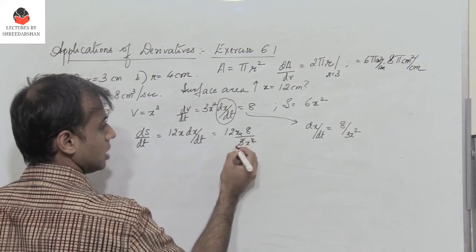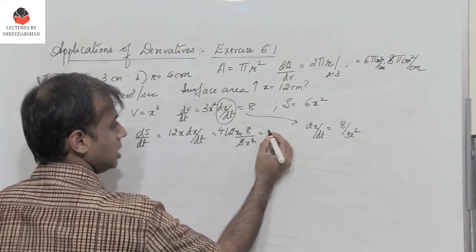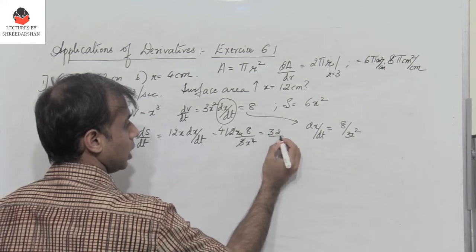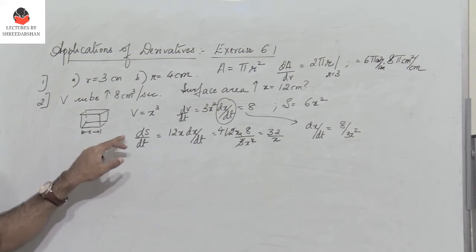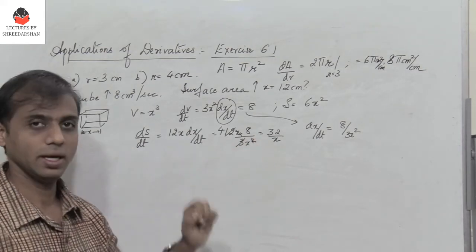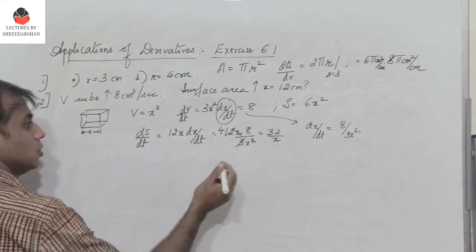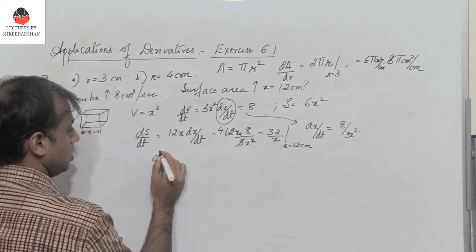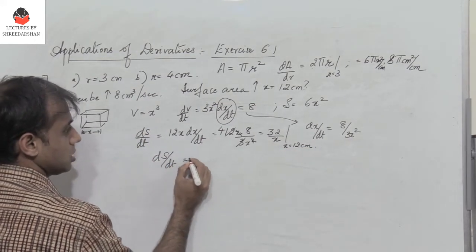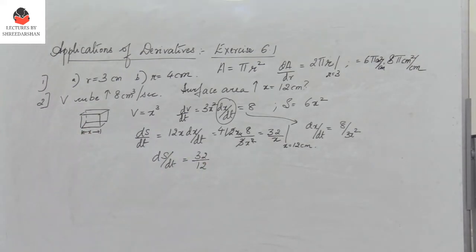So x gets cancelled, 12 by 3 becomes 4, and 8 into 4 is 32 divided by x. So ds by dt, the rate of increase of the surface area, is 32 by x. But I need to find the increase when x is equal to 12 centimeters. So therefore ds by dt equals 32 by 12. So what is the answer we get? So the answer which we get is equal.